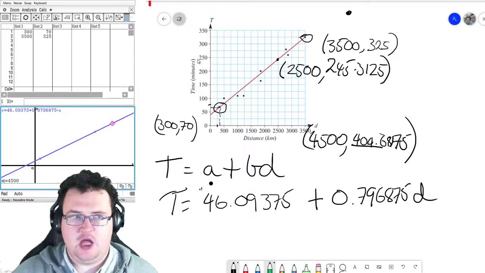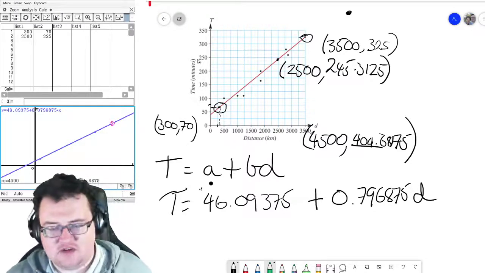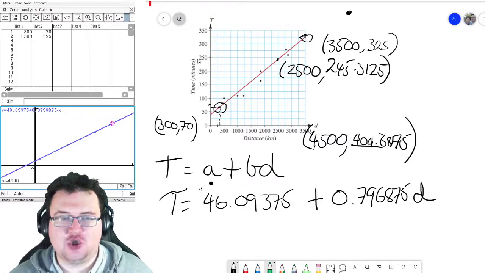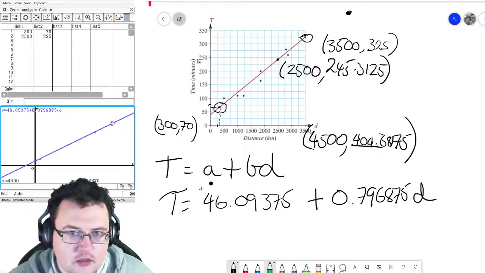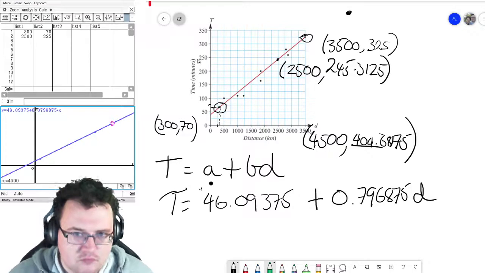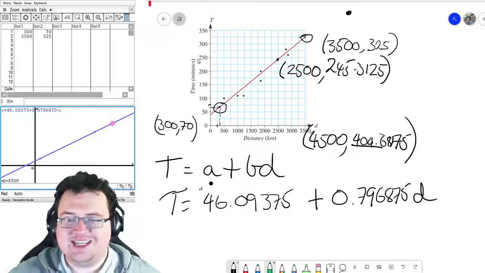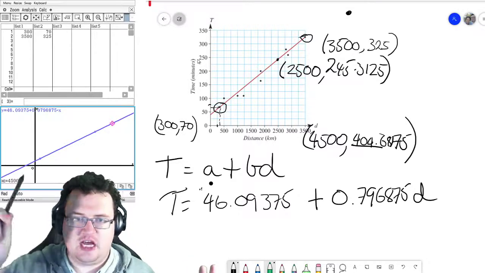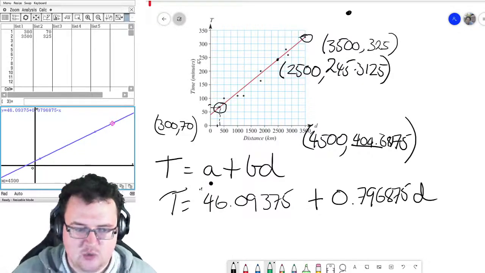It's reasonably reliable. However, 4,500 is outside the range of data, which means we can trust it less. Now, it is a linear model still, so the predictions are generally pretty good. However, because it is an extrapolation, we are extending the graph beyond the source data that we have. It is not as trustworthy.